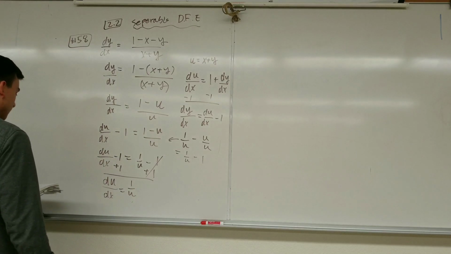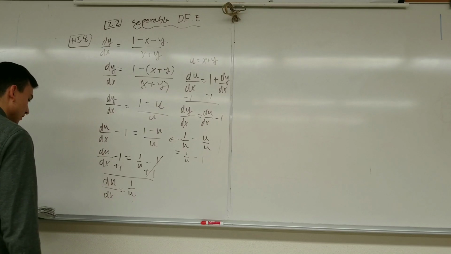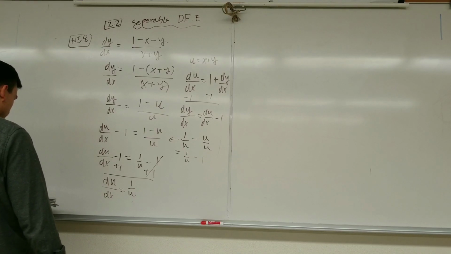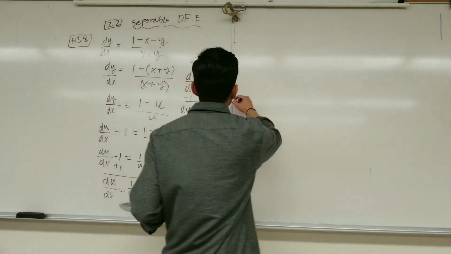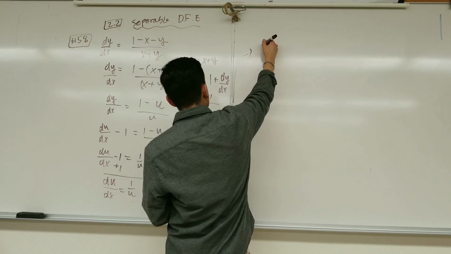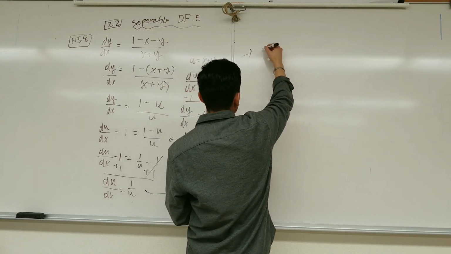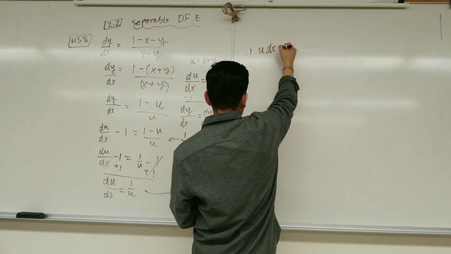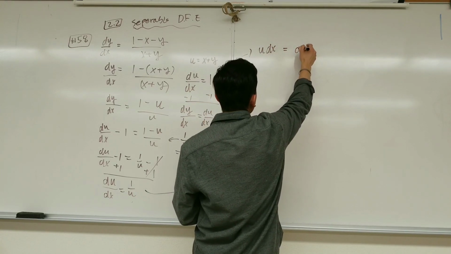Wow, okay. So now my variables are u and x. Well, basically going to swap positions. So if we go back, now they're going to become u du equal to dx.